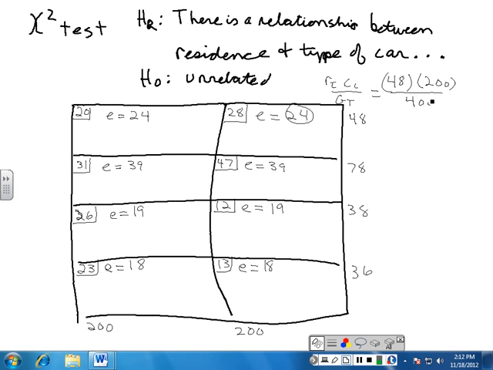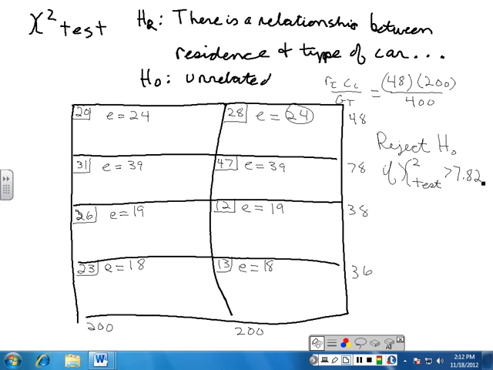Okay, moving back over here, we're going to reject H-0 if chi-square test is greater than 7.82, and that's off of the chi-square table with 3 degrees of freedom and alpha .05.